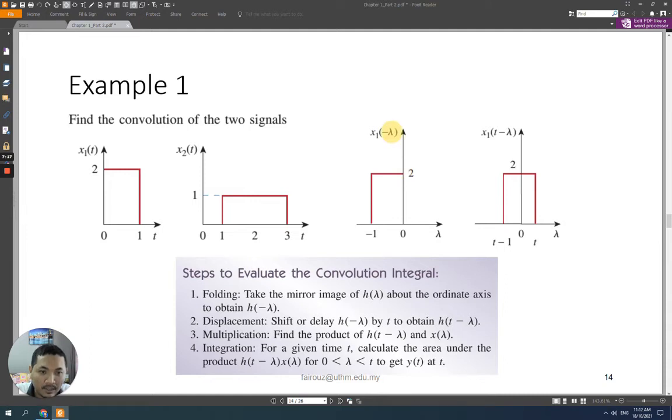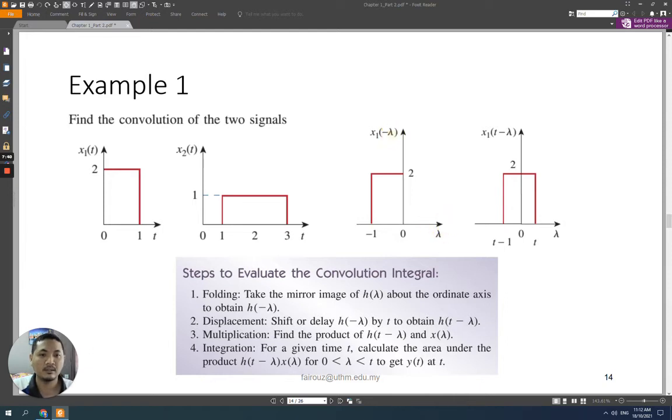And we use lambda because after this step we want to use t, so we change the variable to lambda so that we will not confuse. So let's now assume this is lambda.